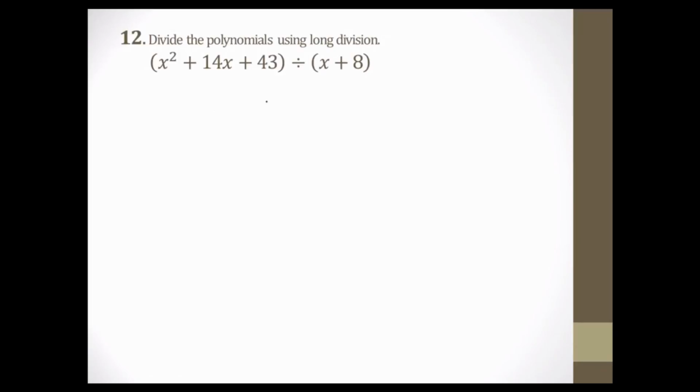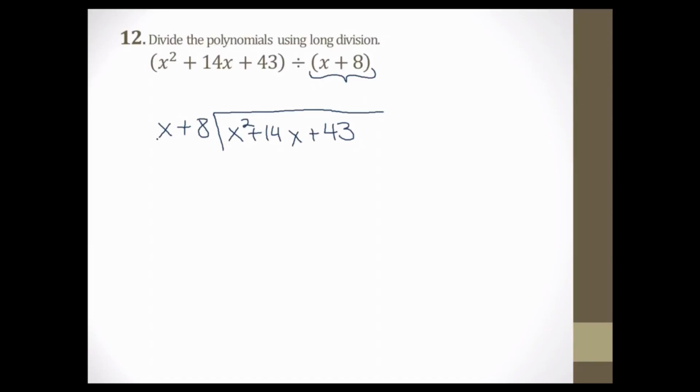Number 12, which says divide the polynomials using long division. So when we're using long division, first of all, we want to set up our problem, and we are taking the second part and starting with it. So x plus 8 division bar, and then the first one, x squared plus 14x plus 43. And we want to make sure that all terms are present and in descending order.